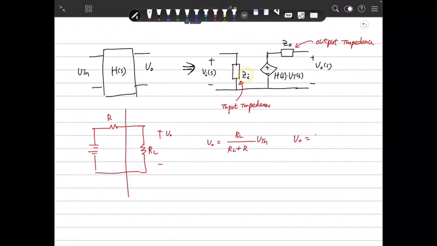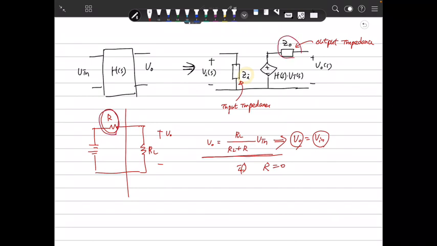Actually, you want V out to be V in. But in a real system, V out is not V in. Why? Because of these parameters. If R is zero, then V out equals V in.